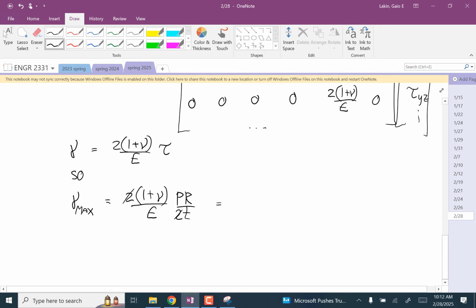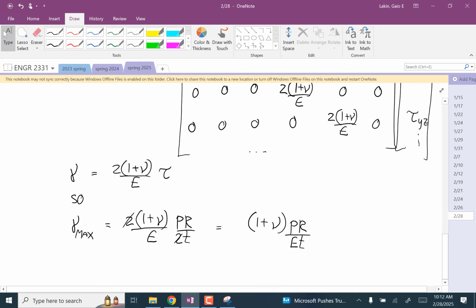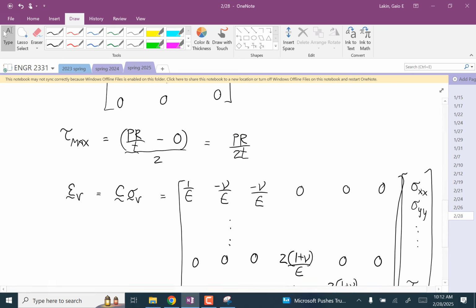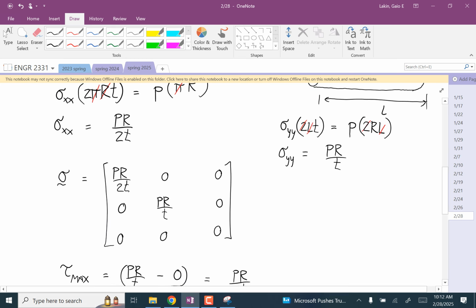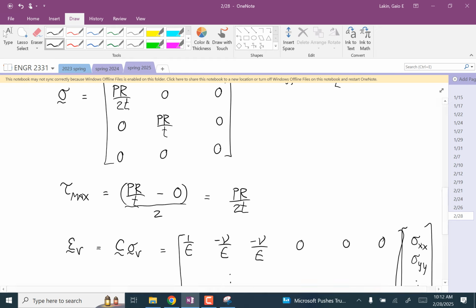And those 2's cancel. So we just have 1 plus nu times PR over ET. So you're just multiplying that max stress by the corresponding factor. Right. Yep. And so you really could have skipped all this stuff if you just remembered this formula here.